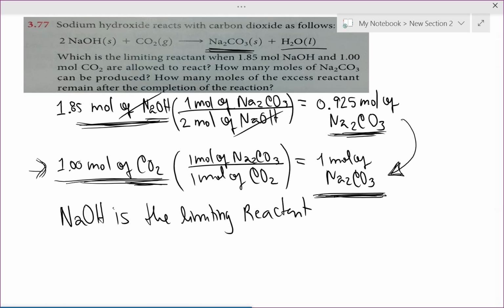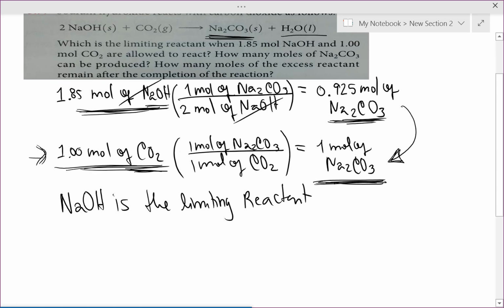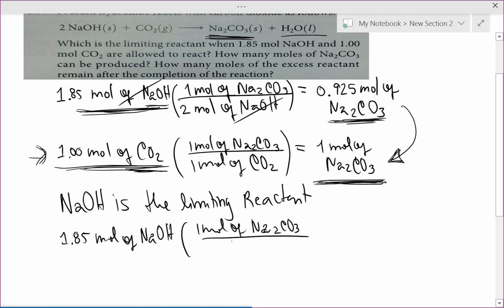How many moles of Na2CO3 can be produced? So basically you have to do what we did on the first case: 1.85 moles of NaOH and 1 mole of Na2CO3 over 2 moles of sodium hydroxide.